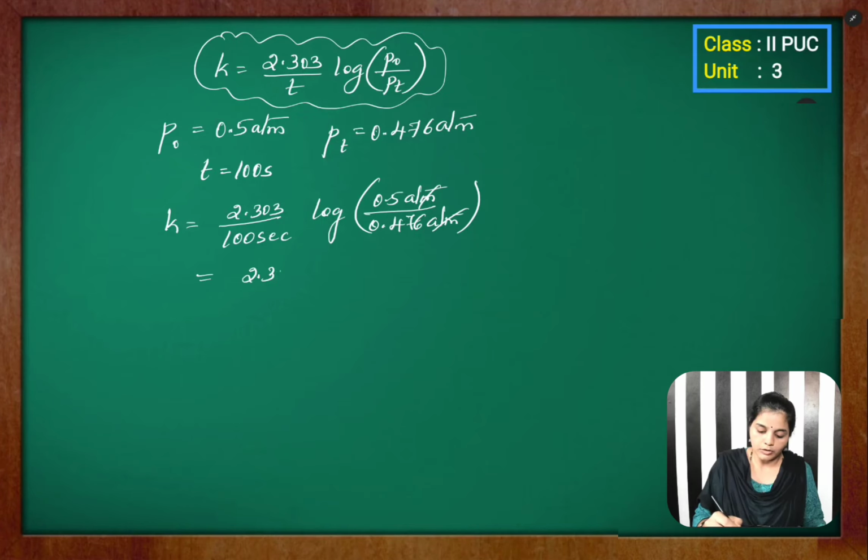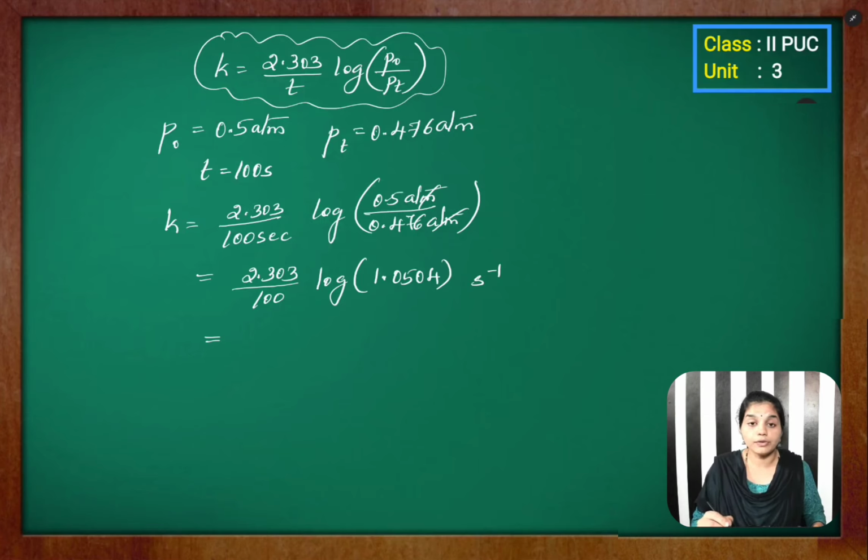We are left with 2.303 divided by 100 into log of 0.5 divided by 0.476, that is equal to 1.0504, and the unit is second inverse. Find the log of 1.0504 using the log table and you will get 0.0213, which has to be multiplied with 2.303 and divided by 100.